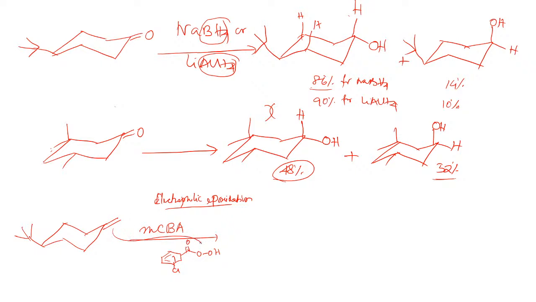And this double bond will attack this one. So that's why, because of this large group, you get the equatorial epoxide.